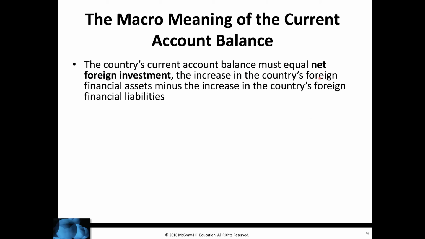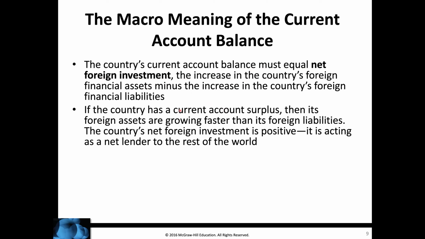So we can look at that as the increase in the country's foreign financial assets minus the increase in the country's foreign financial liabilities, or debt. So if the country has a current account surplus, a positive number, then its foreign assets are growing faster than its foreign liabilities. The country's net foreign investment is positive. It is acting as a net lender to the rest of the world.